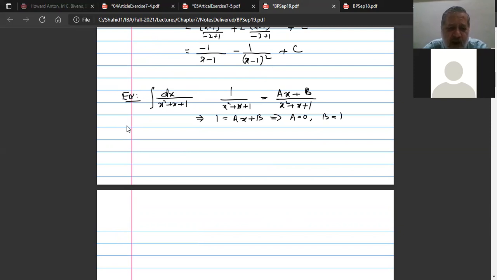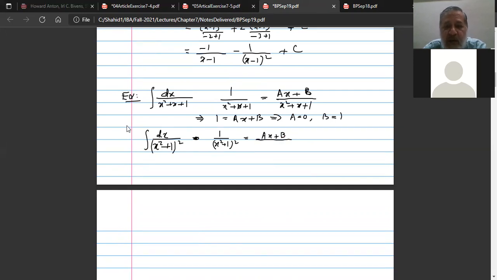Now, if I attempt a similar thing here, you remember that you don't need to do anything for this. This is integral tan inverse. But if it is a whole square, that means a quadratic factor is repeated twice. So I will write down ax plus b.